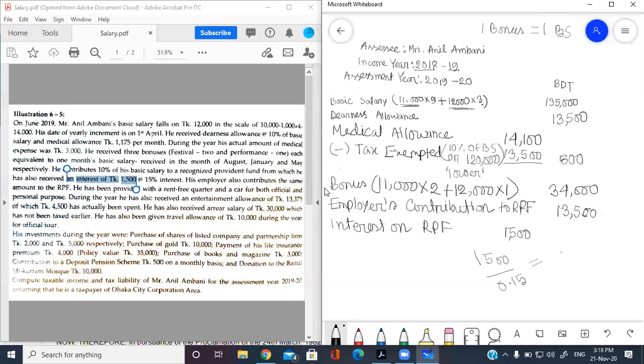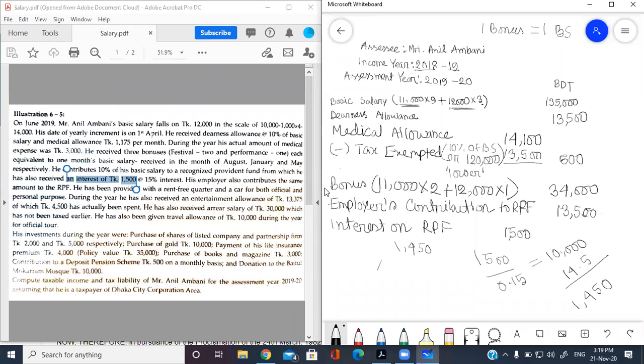Yes, sir. So what shall be that amount? 10,000. Now, if I apply 14.5% on this amount, I will get 1,450. This is one number with which we will make comparison for tax exemption.